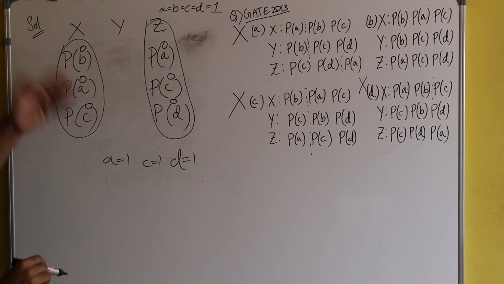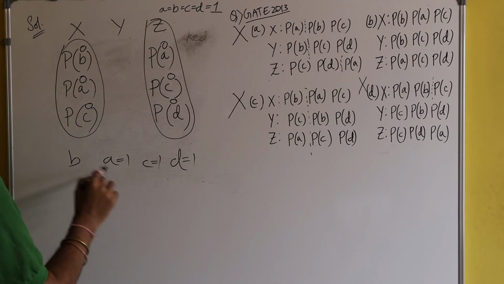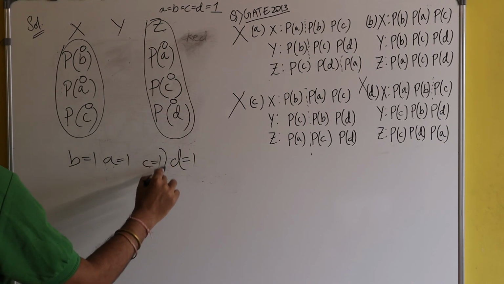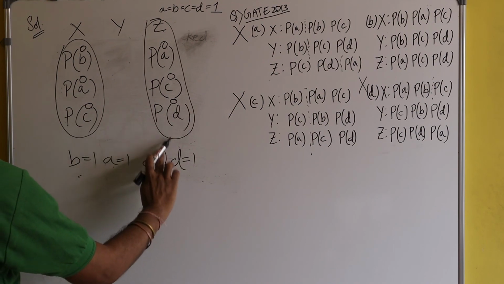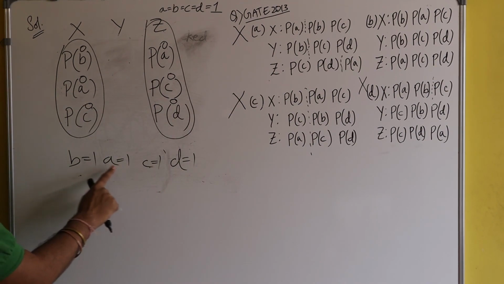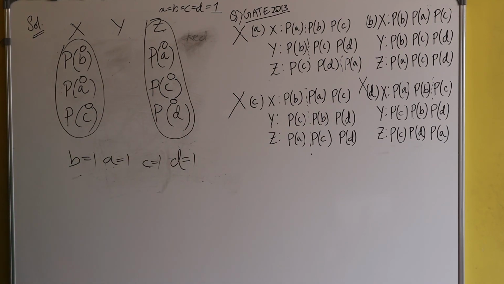So process X will release all these variables B, A, and C. So all these variables are available: B is equal to 1, A is equal to 1, C is equal to 1, D is equal to 1.